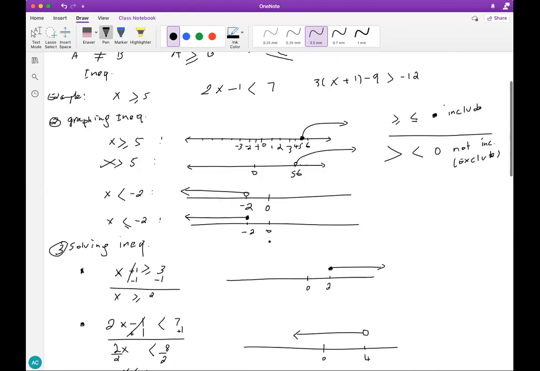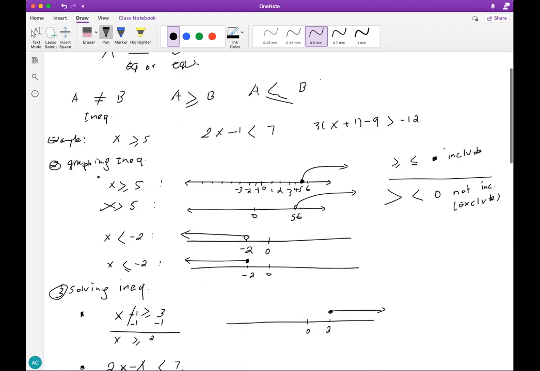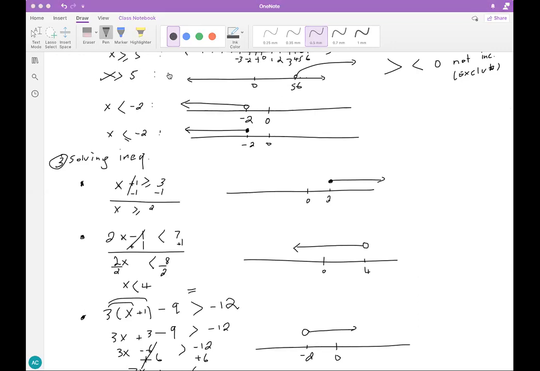And that's pretty much how you deal with inequalities. They're not hard to do. You just need to first isolate the x, similarly to what we do with equations. Once you isolate the x, we graph it because inequalities have many solutions.